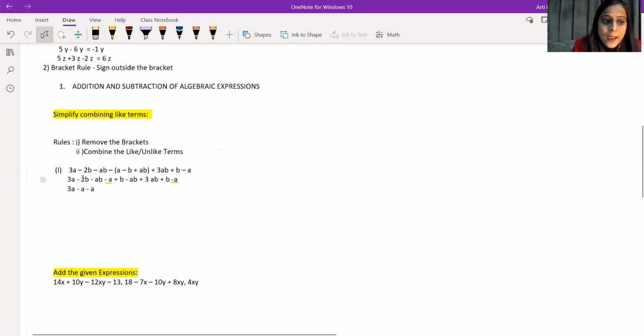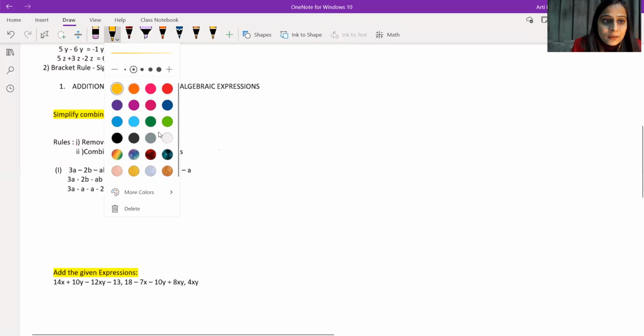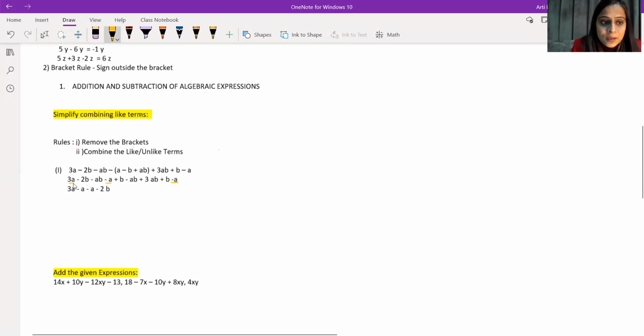Now next is minus 2b. Just mark the terms which you are writing. So 3a I have written, mark it. Now I have written minus 2b, and I need to find its like terms. So plus b is here and plus b is here.